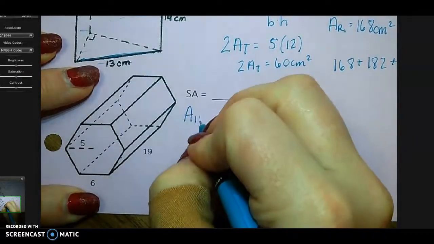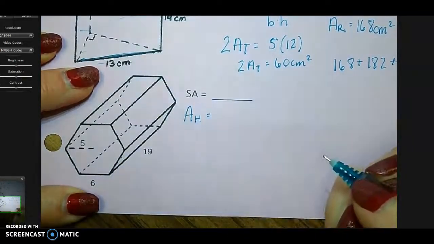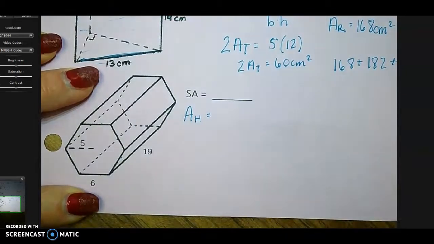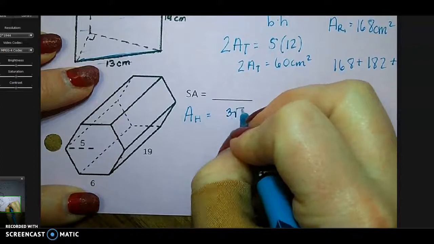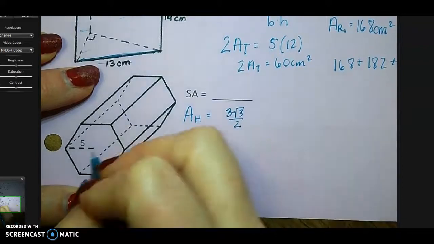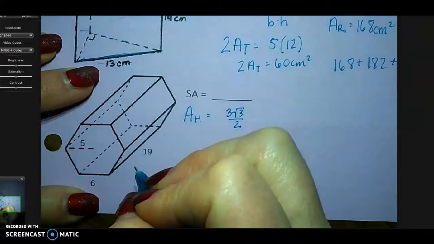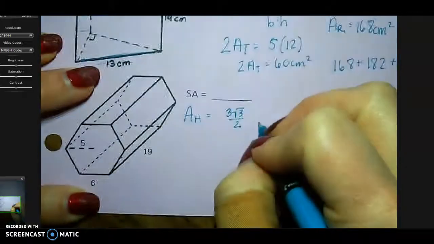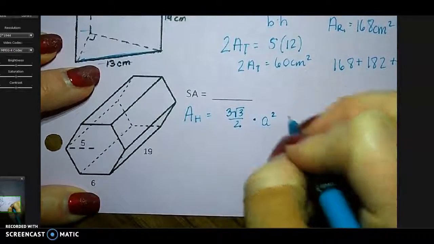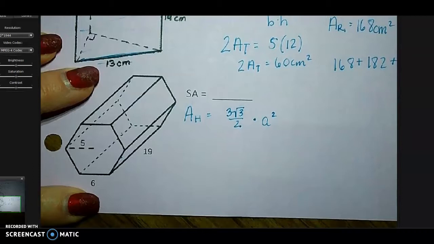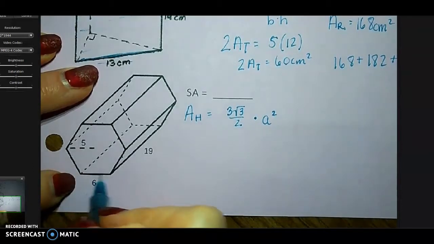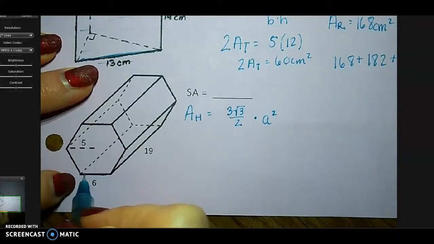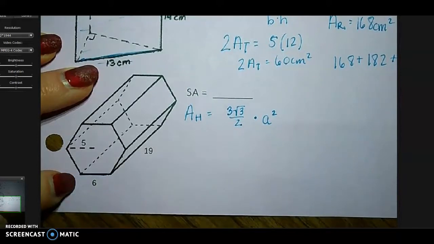We are going to use 3 radical 3 over 2, and this has to do with the triangles that I could split it up into. If you have a question about that, I can help you with it. Times a squared. So a squared is the side length of the hexagon.